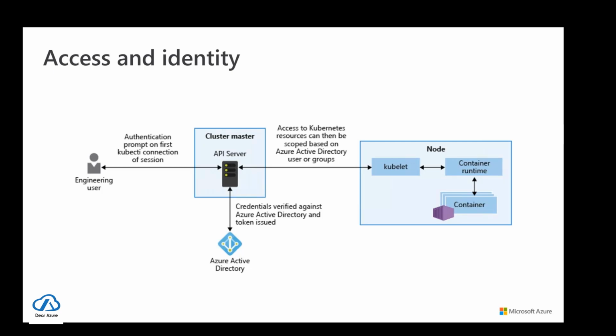First of all, you need to obtain a kubectl configuration context. Then you run a command to obtain the credentials of the user. And when a user interacts with the AKS cluster, they are prompted to sign in using the Azure AD credentials.